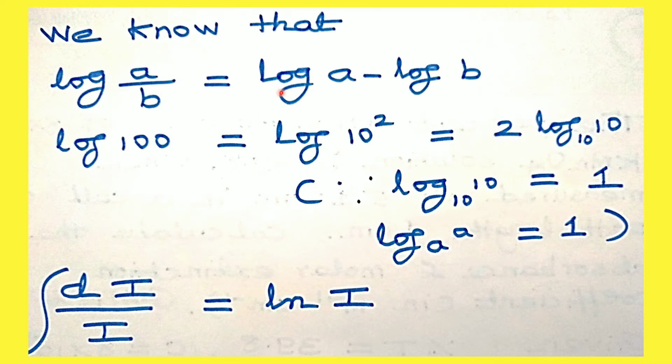Here are some formulas we have used in solving the problem. For example, log A by B is log A minus log B. Similarly, log 100 equal to log 10 power 2. Therefore, if we bring the 2 here, it is 2 into log to the base 10 of 10. Log to the base 10 of 10 equal to 1, we know from logarithm. And also log A to the base A equal to 1.